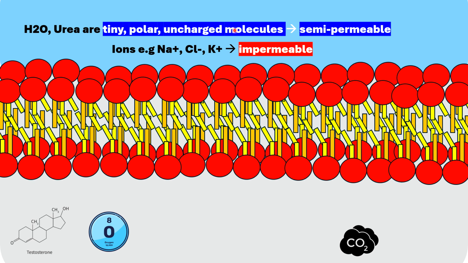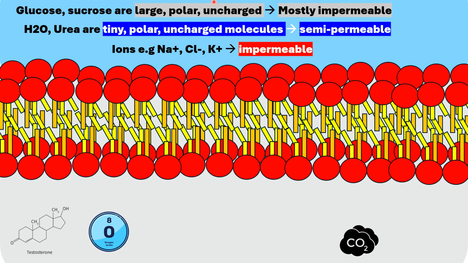Now, tiny polar uncharged molecules are semi-permeable. Okay, water is polar, urea is also polar, and they are uncharged. Okay, this is the thing. If they're charged like ions, they're impermeable. And lastly, large polar and uncharged molecules, such as glucose or sucrose, are mostly impermeable.